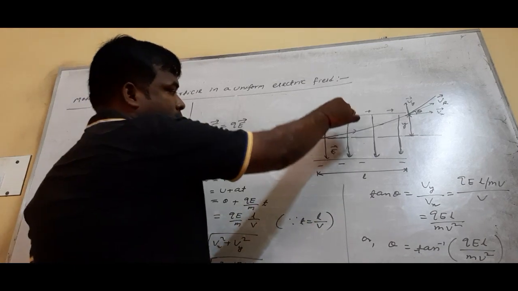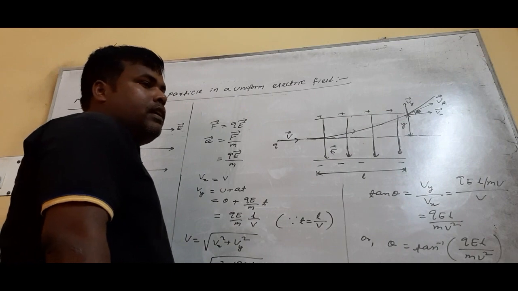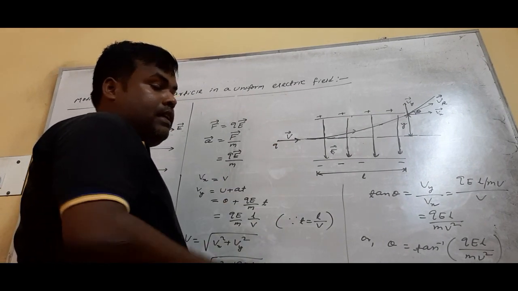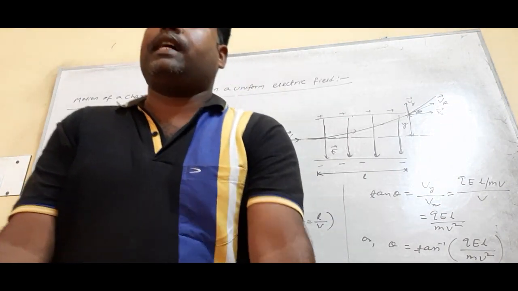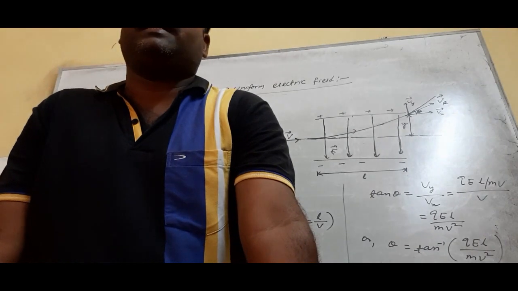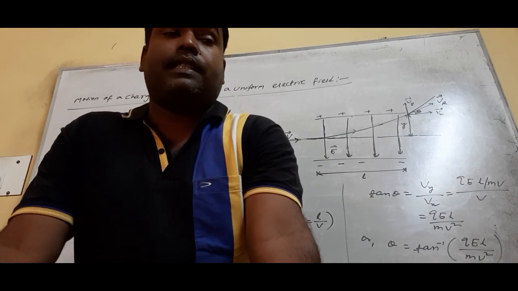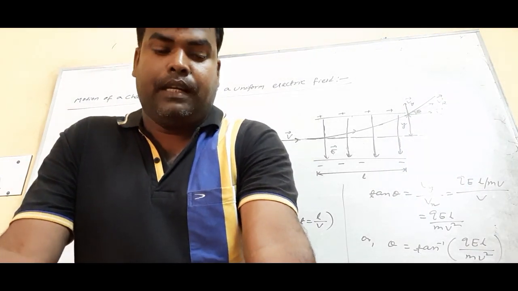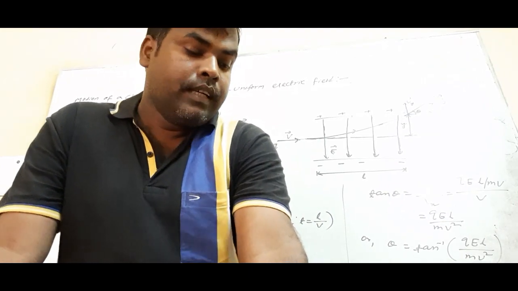As the uniform electric field is in the downward direction, the charged particle gets a force. As we have discussed, if it is positive charge, then electric force is in the same direction of the electric field, and if it is negative charge, electric force is opposite to the direction of the electric field.